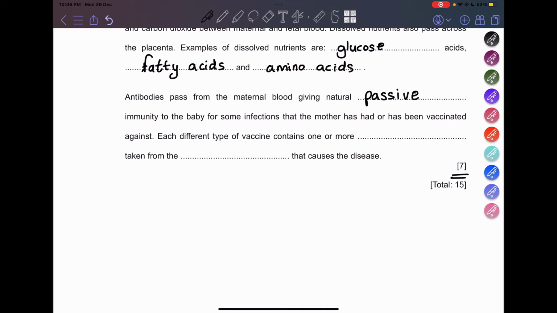Each different type of vaccine contains one or more antigens taken from the pathogen or microorganism. You can write down, of course, most of the students wrote down pathogen. So it is taken from the pathogen or microorganism that causes the disease.